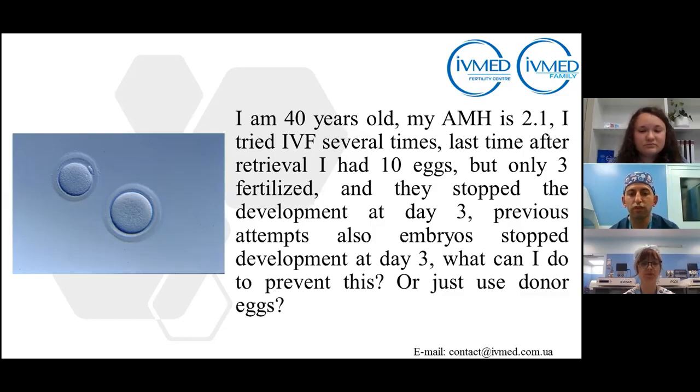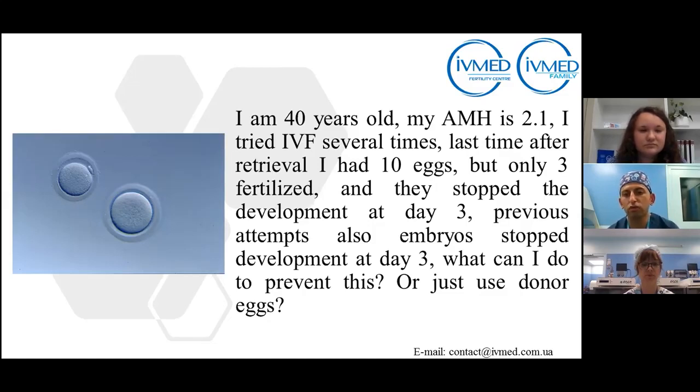There are, of course, different factors affecting this. Firstly, we are not able to talk about the genetic potential of the oocyte and sperm separately, and also the embryos. This can be one of the factors. Some kind of genetic translocation or anomaly can create this situation. Second, of course, laboratory conditions and culture media conditions can affect the situation.